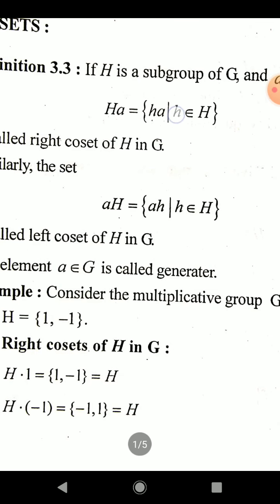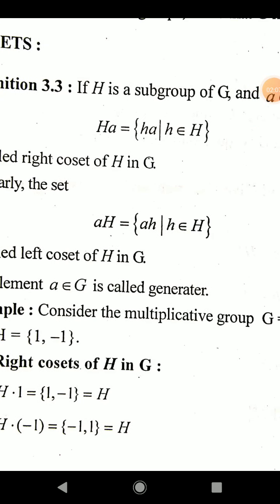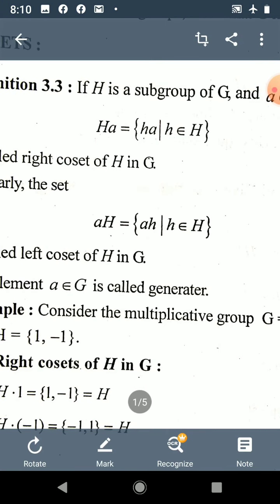Similarly, if we multiply the elements of H by an element of Z on the left side of the elements of H, then it is called a left coset.